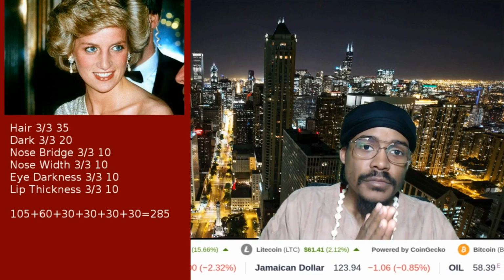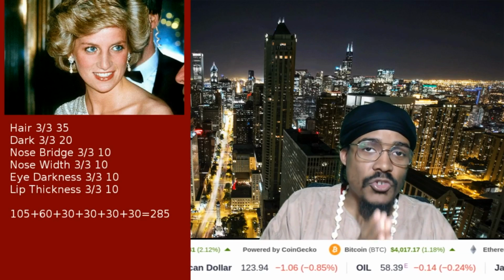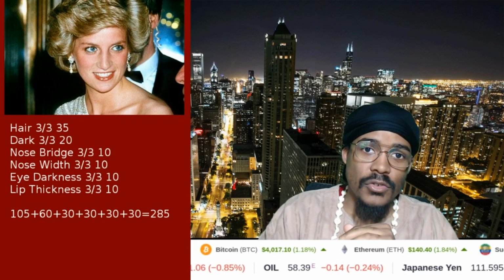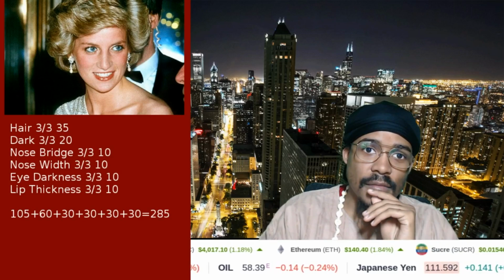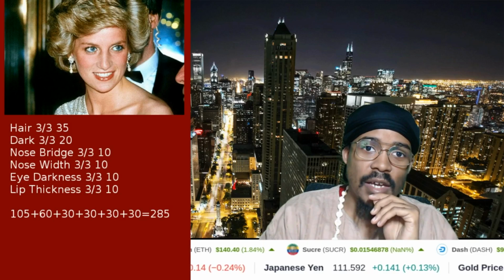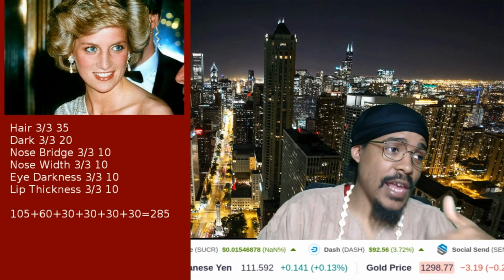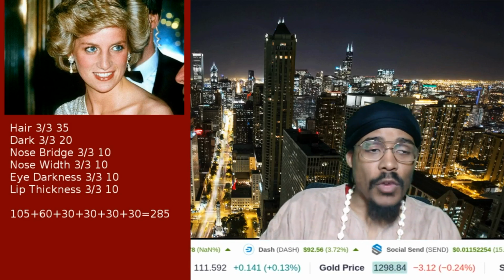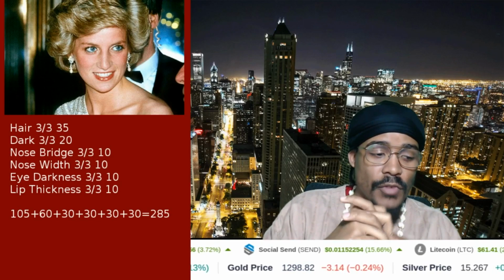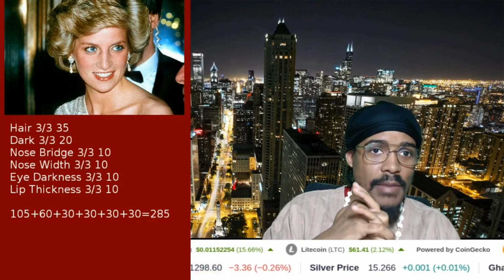Now, you can score anywhere from 285 to 190. 195. You have to score, which is a 68%. Remember, we went back and we were discussing the recent test where people were looking at biracial black and white people.